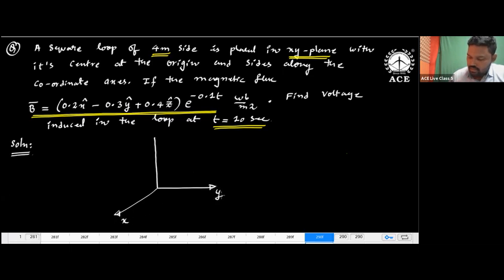Here it is X, here it is Y, here it is Z. Here it is negative X, here it is negative Y. Suppose I consider a small piece of area here.